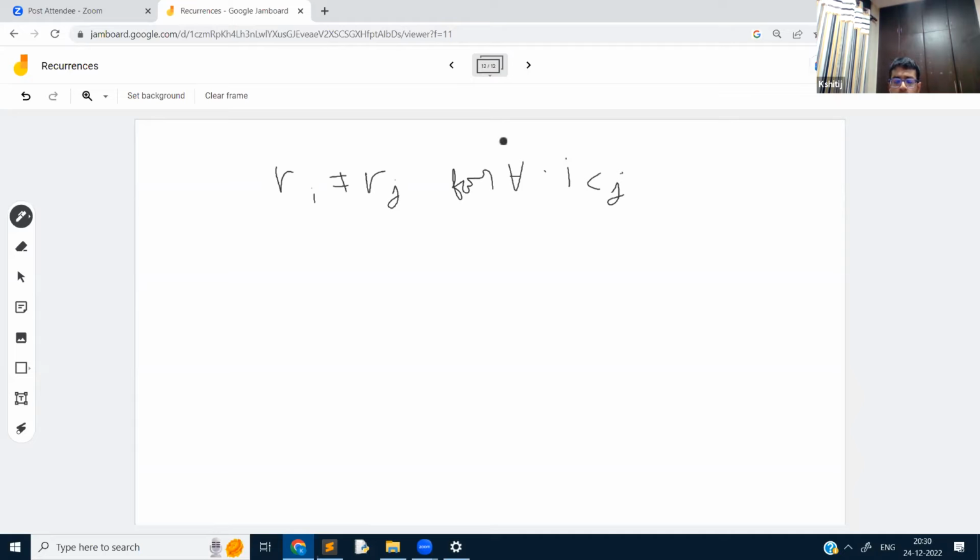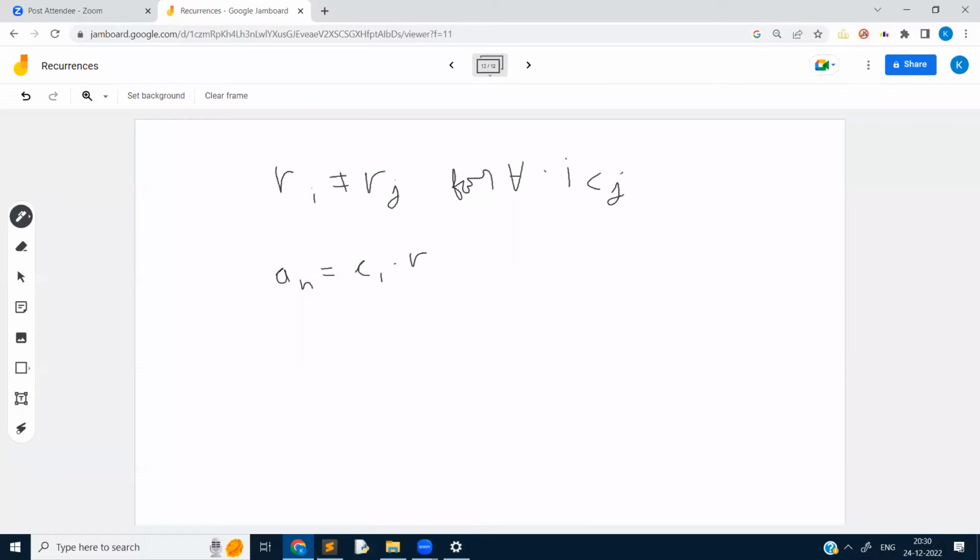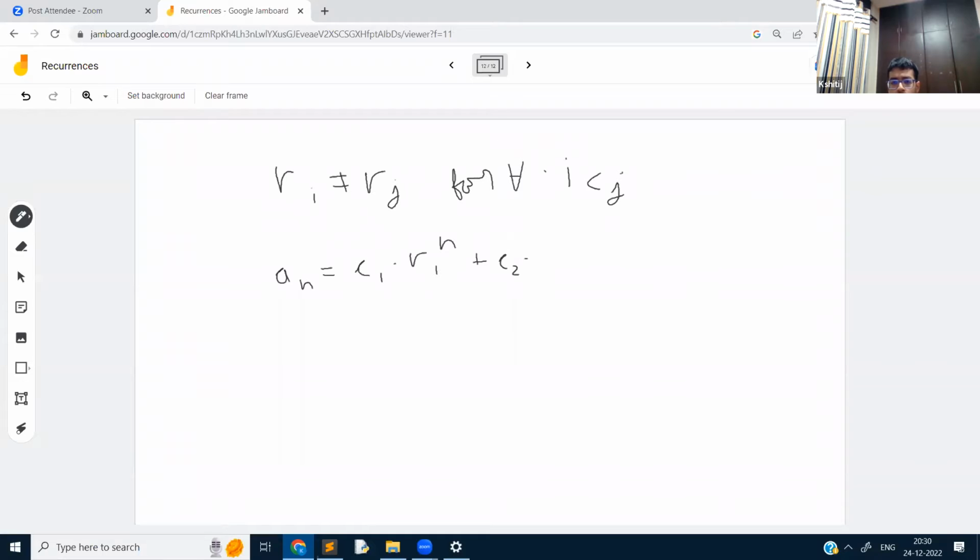In this case, the recurrence relation has a closed form of the form An equal to c1 into r1 to the power n plus c2 into r2 to the power n and so on, up till ck into rk to the power n.